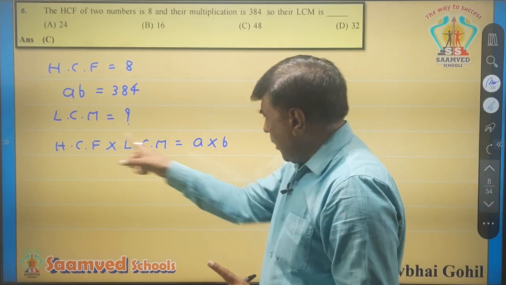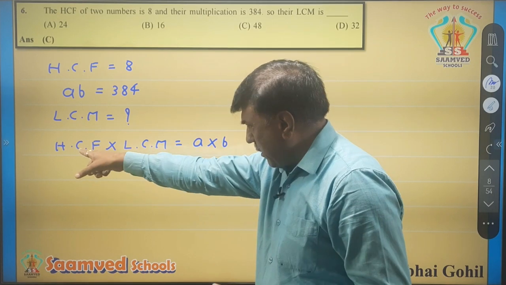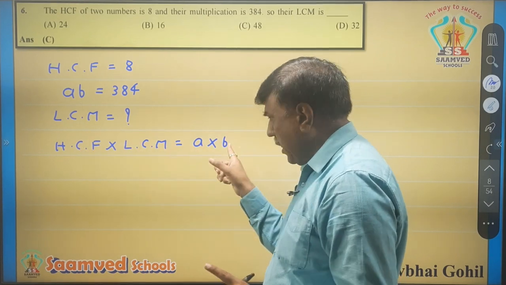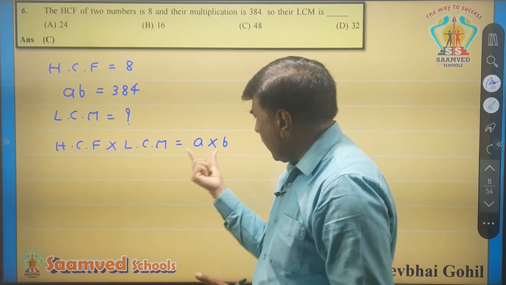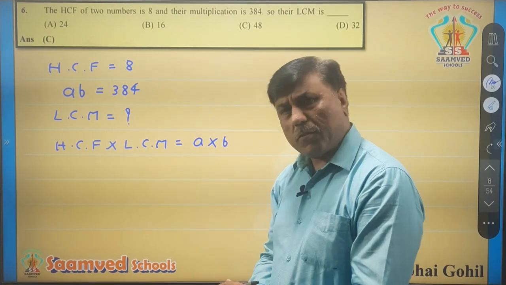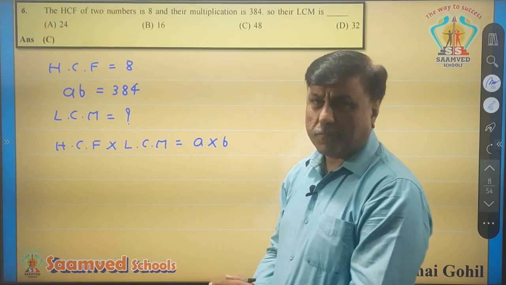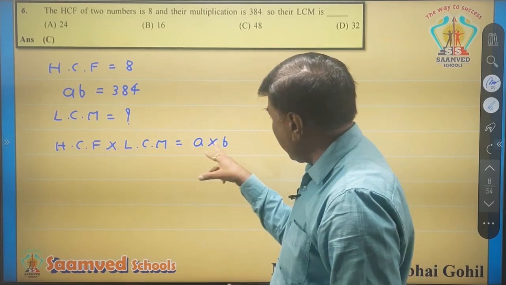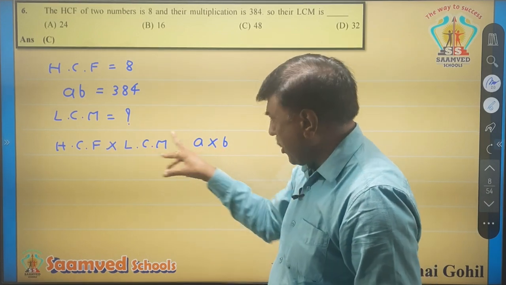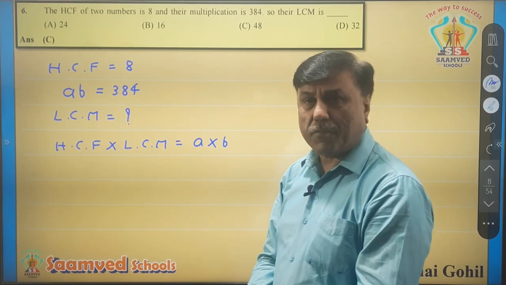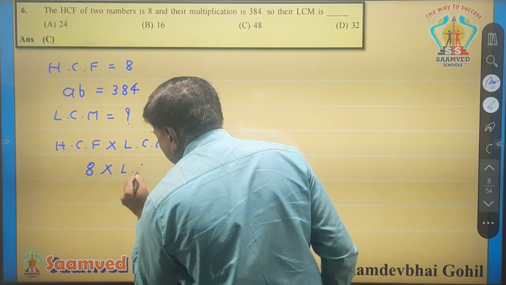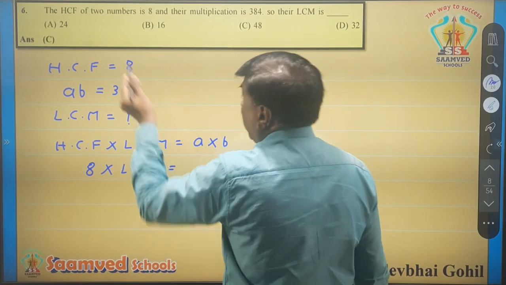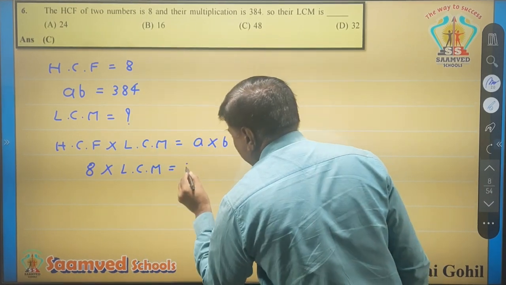If you multiply both the HCF of A and B and the LCM of A and B, then the multiplication of the two numbers will be the answer. So, there are three terms: multiplication, LCM and HCF. You are given HCF, so 8 into LCM, you have to find, multiplication is given 384.